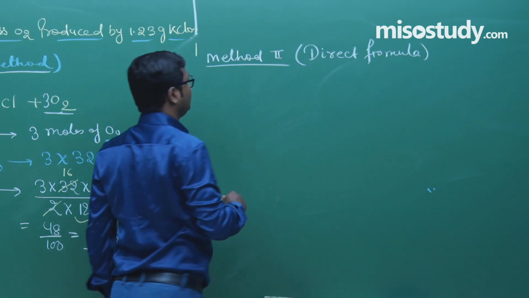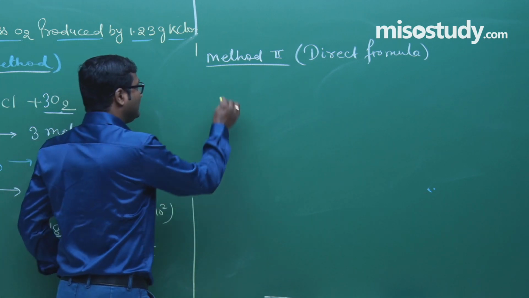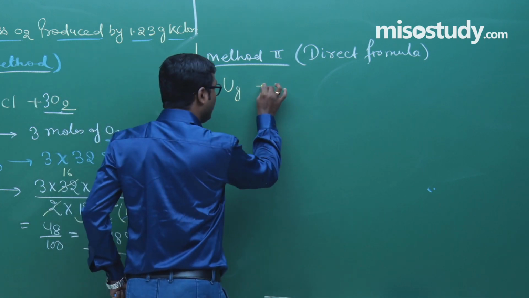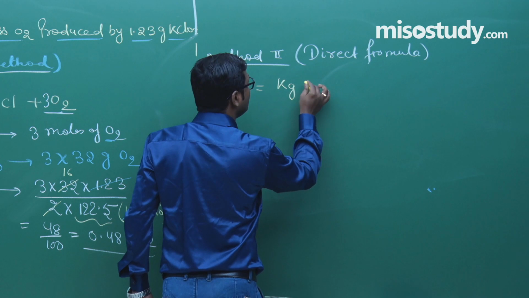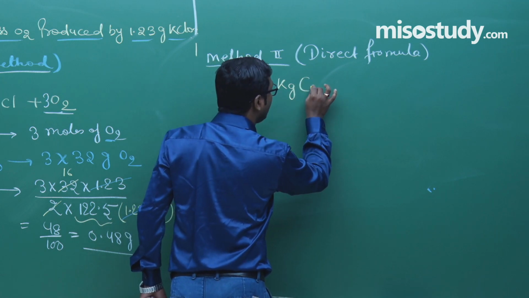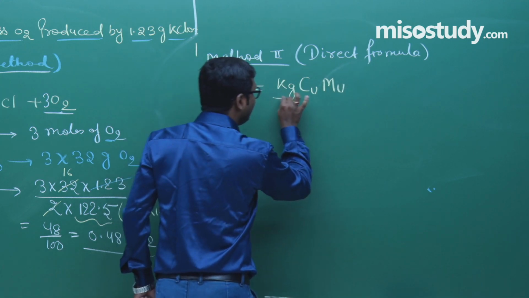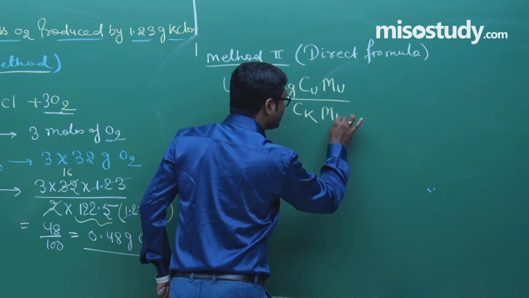This is the second method for the same question. Look at the direct formula: the mass of unknown is equal to the mass of known times the coefficient of unknown and the molar mass of unknown, divided by the coefficient of known and the molar mass of known.